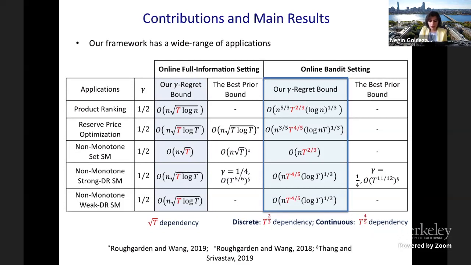A couple of things I want to highlight: the bandit feedback structure captures more realistic scenarios, and it's also more challenging to attack. But we don't see a lot of prior results in the literature, and we are very excited to contribute to the literature by providing bounds for the bandit feedback structure.